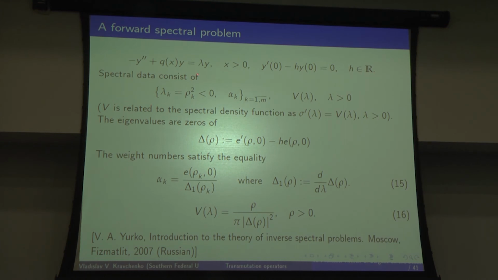And the spectral data in this case consists of, if they exist, the discrete part of the spectrum, which are just negative eigenvalues with corresponding weight numbers.